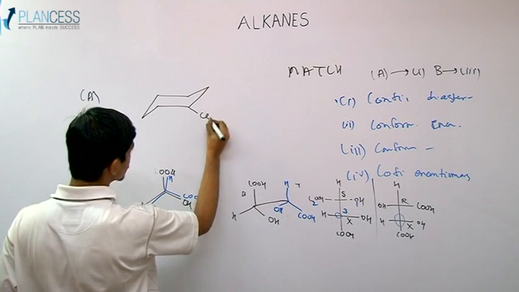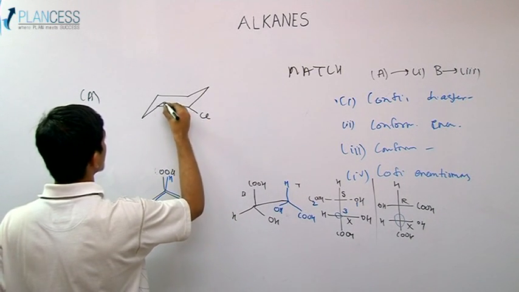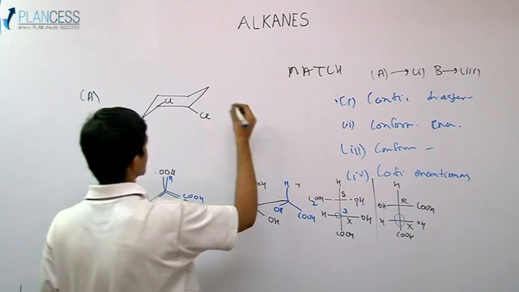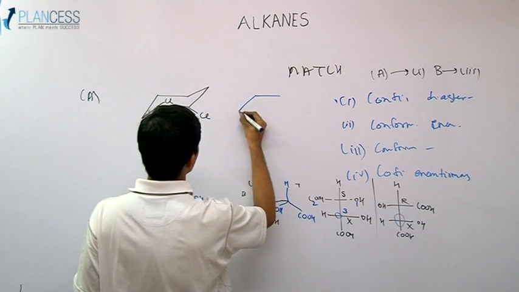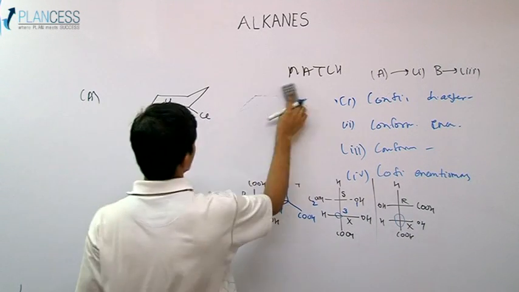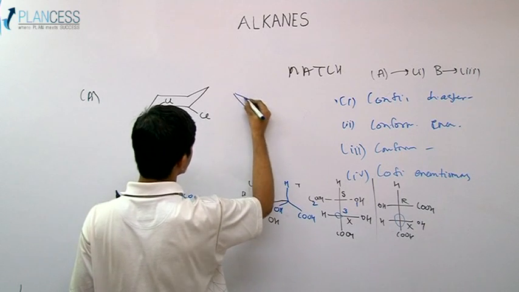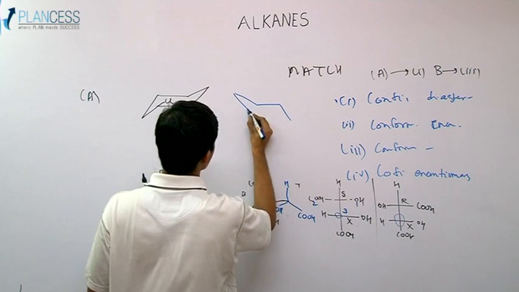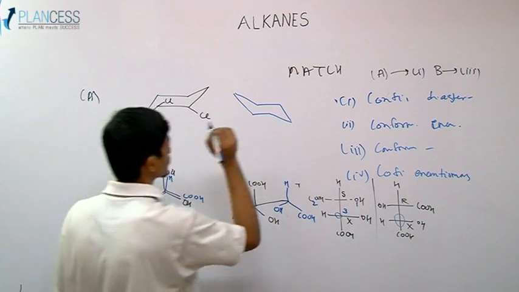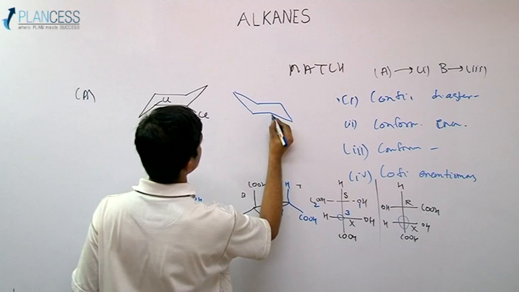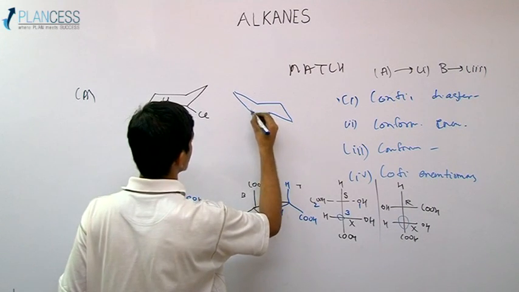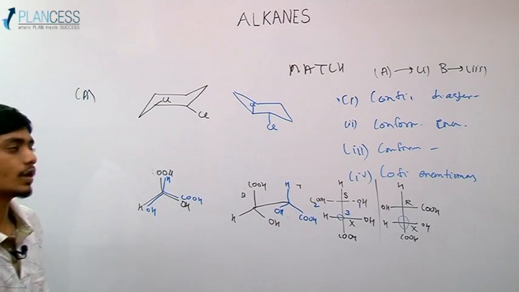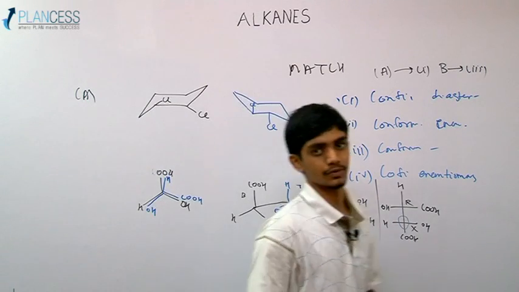Here we have Cl on the equatorial side and we have Cl on the other equatorial side, and the other conformer which we have is this type of conformer where this goes like this, this goes like this, and now the Cl is actually this way and this way. Now what is the relationship between these two conformers?